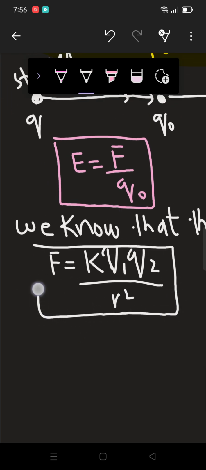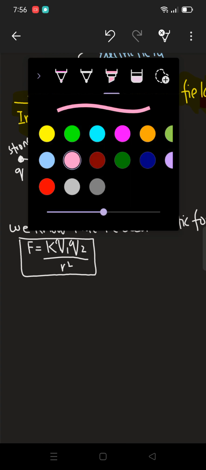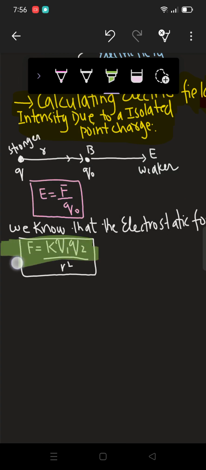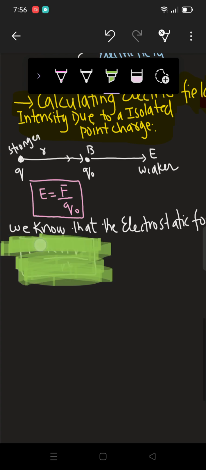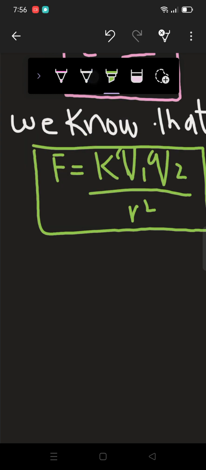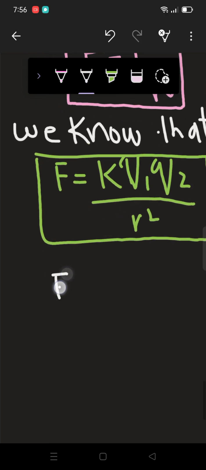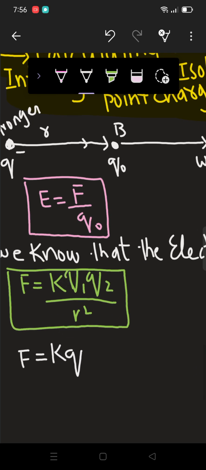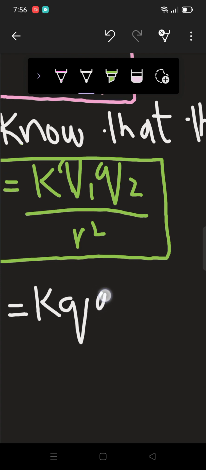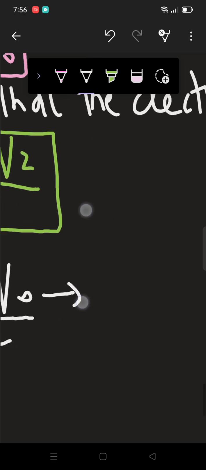This was the electrostatic force, or you can say the Coulomb force, which we have discussed in Coulomb's law. Now as Q1 we have the source charge, so I can write here K only Q, and Q2 we have is a test charge or unit positive charge, so Q naught upon R square. Alright, this is equation number 1.